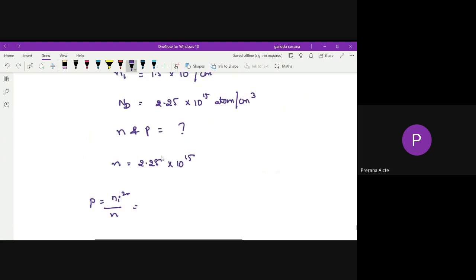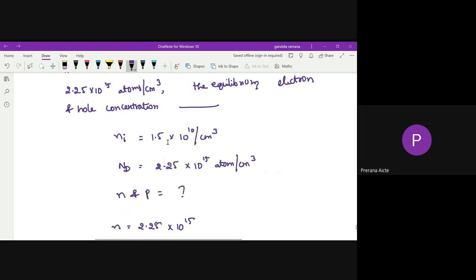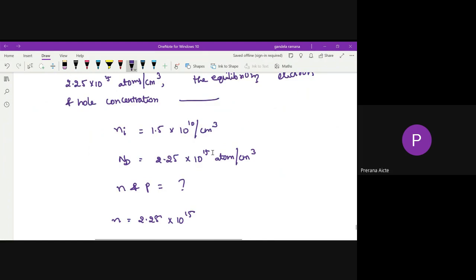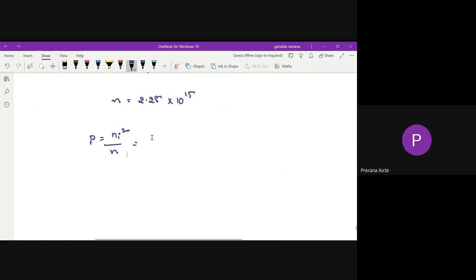The intrinsic concentration, 1.5 × 10^10 per cm³. So you write (1.5 × 10^10) whole square upon 2.25 × 10^15. What do you get here?